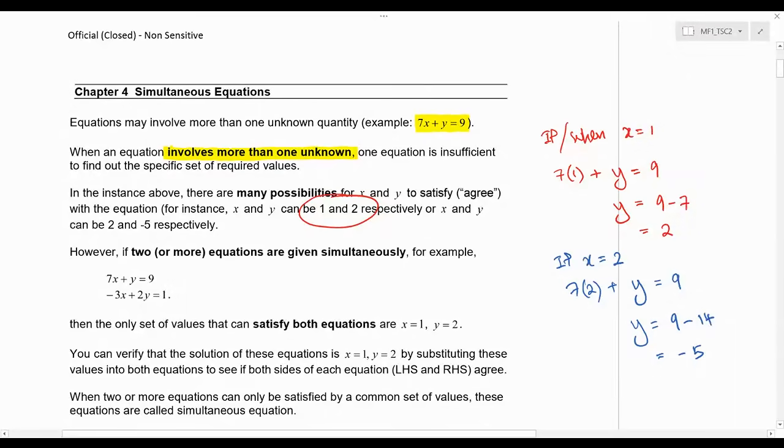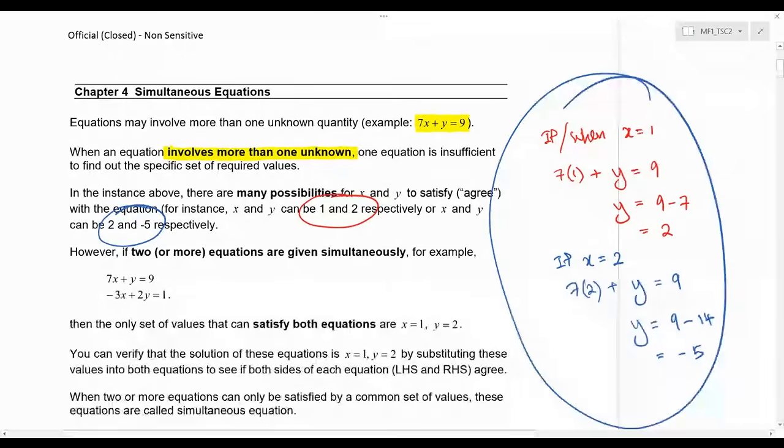Now, you can see that depending on the value of x, y would be affected accordingly. This is the issue with a single equation that contains more than one unknown variable. If x and y are only linked by one relationship, or rather one equation, then there's no way for us to tell whether there's just one set of answers. It provides you with two sets of answers, and both can be correct.